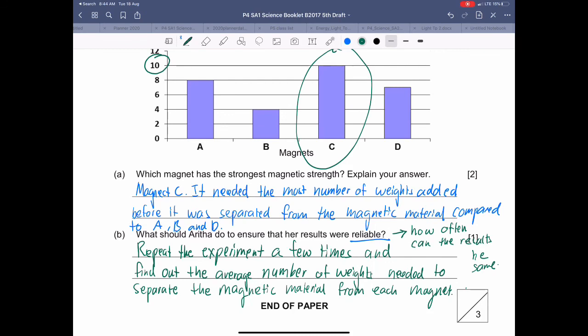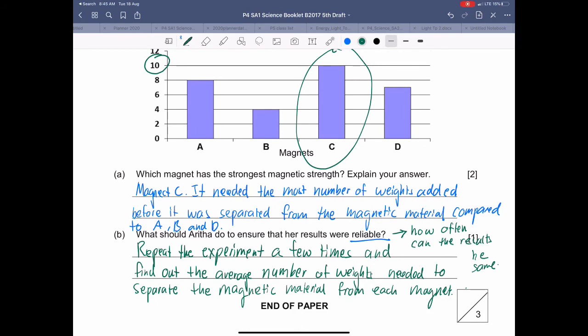Why average? Because sometimes, maybe due to human error, maybe due to the wind, or whatever factors, there could be a slight error. So the more times you repeat and the bigger the number you average, the more accurate your answer would be.